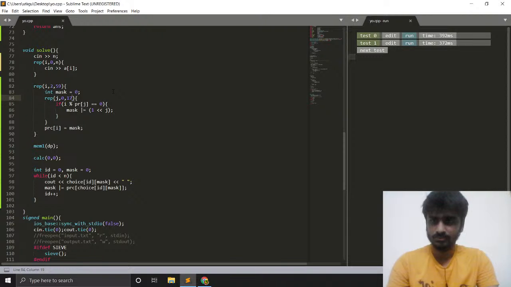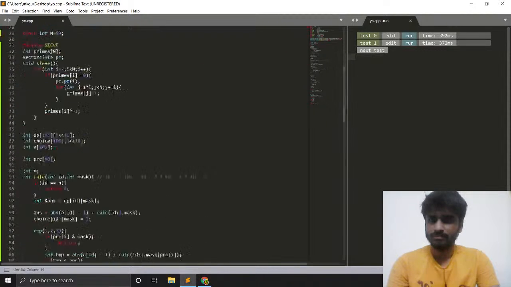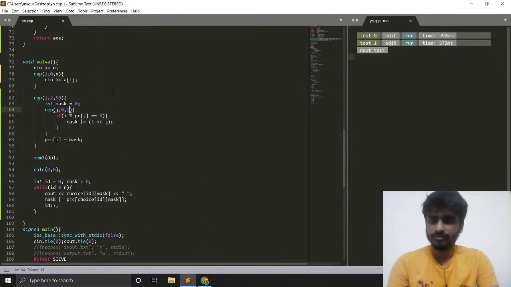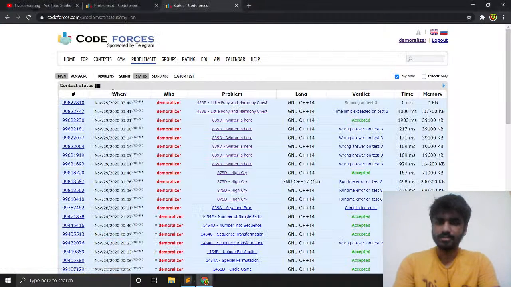Oh, I'm accessing a non-existent element, right? That should always be wrong.